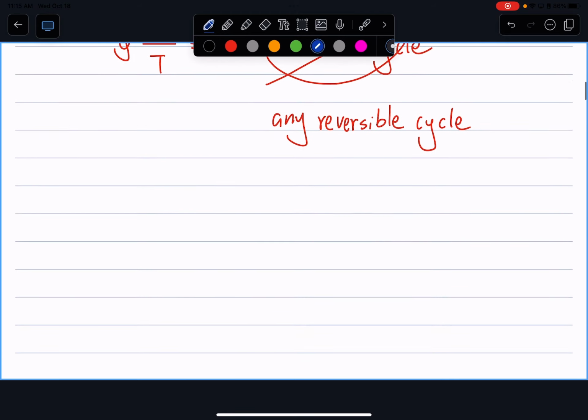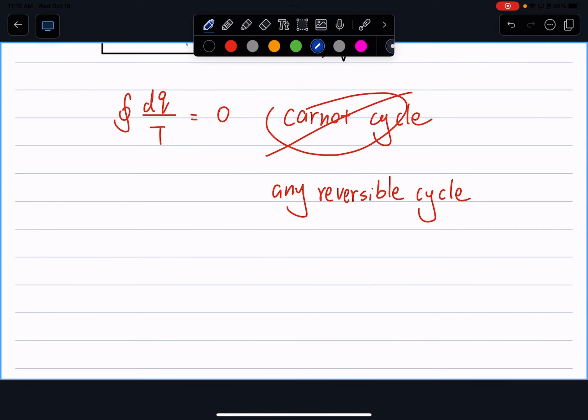Or, at this point, we can finally define our new state function, entropy. So that is the change of heat, dq reversible, over T. So that is our new state function, or the differential of a new state function.